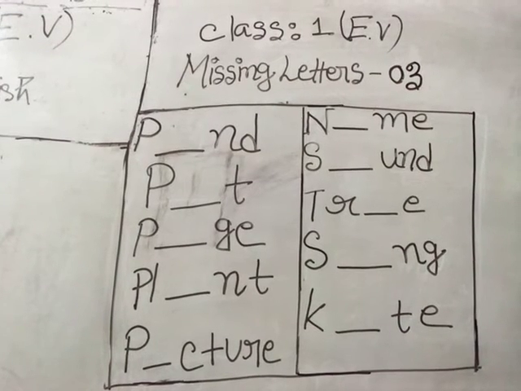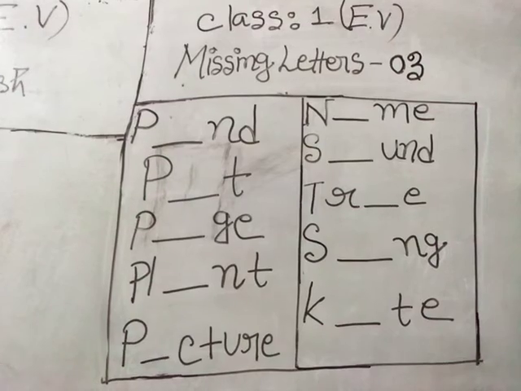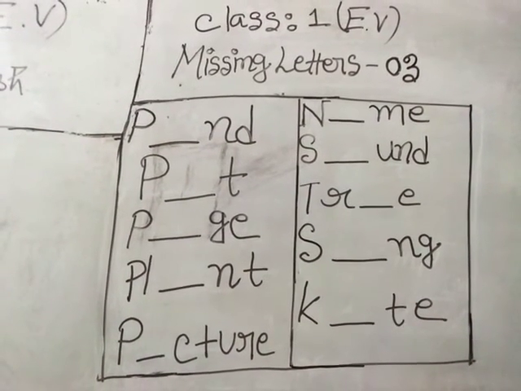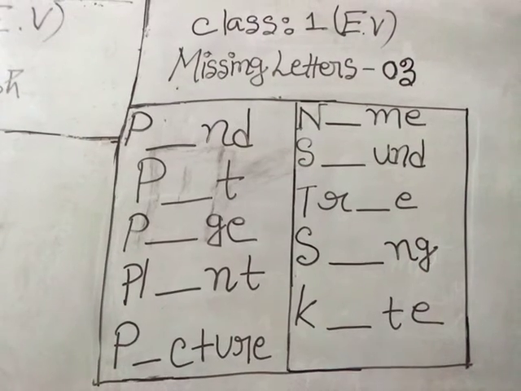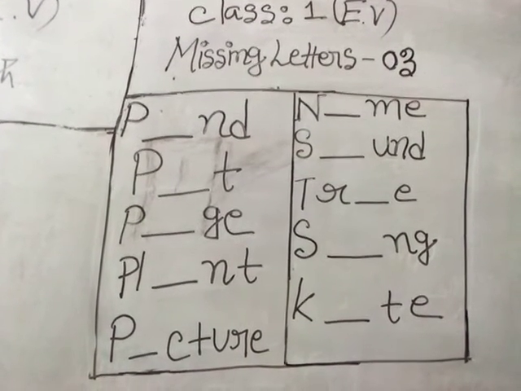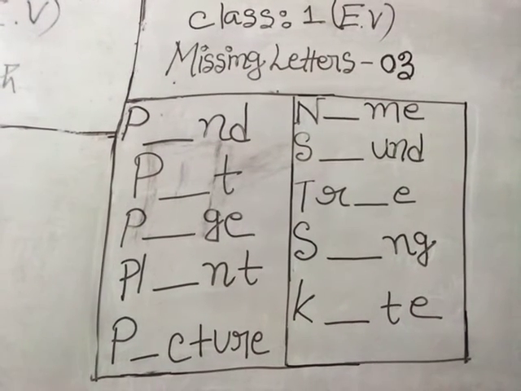Though we call them missing letters, actually the letters are the vowels. So, by another name, you can call it missing vowels. Missing vowels or missing letters, both are the same.